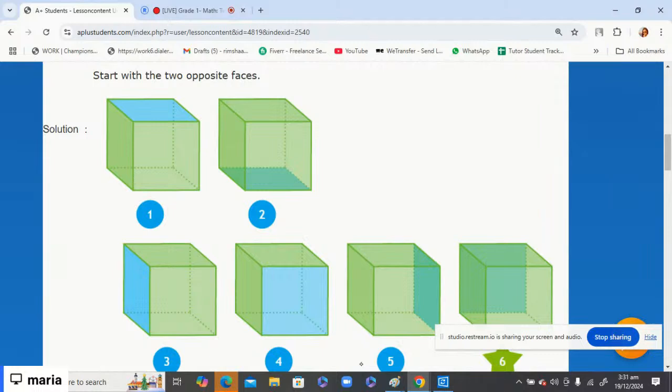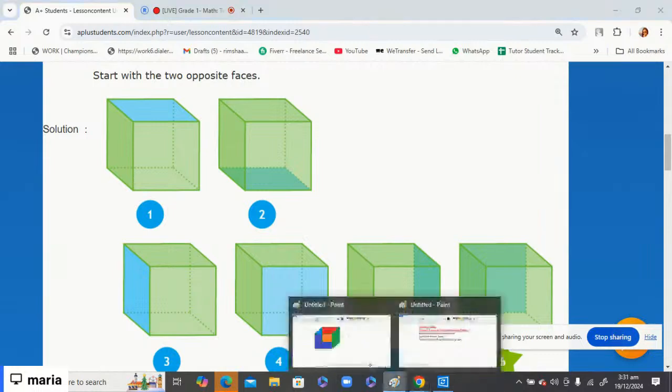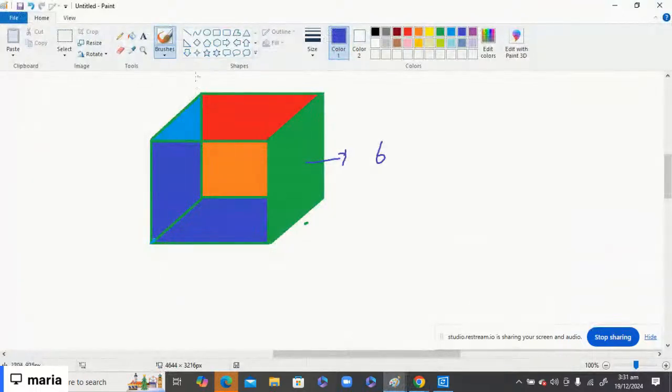Look at here, the same thing we follow here. Top, this full one for example is on the top, and this one would be the bottom. How is it the bottom? When you see it, this is the bottom. Okay, this is the top, this is the bottom.